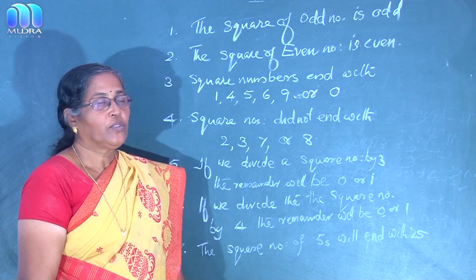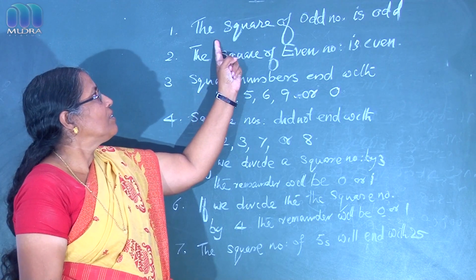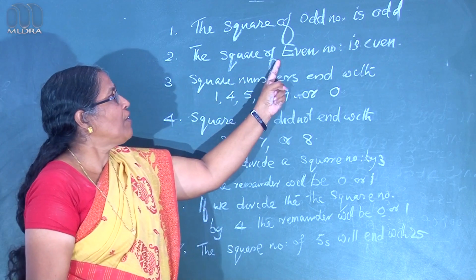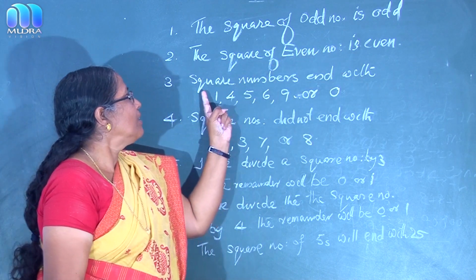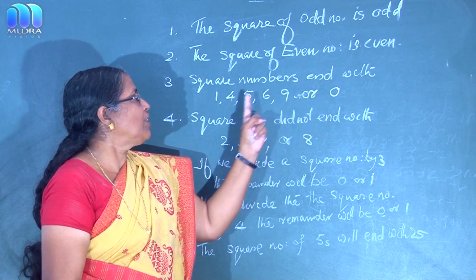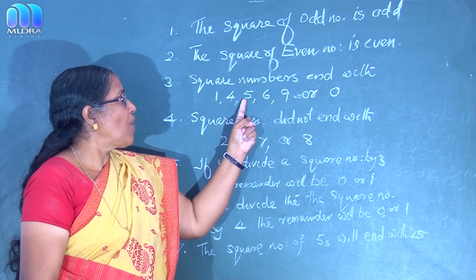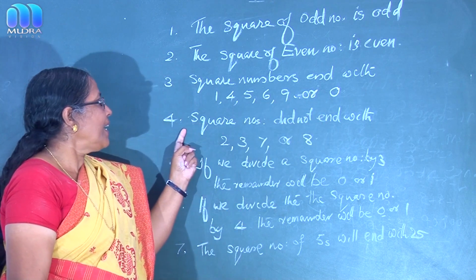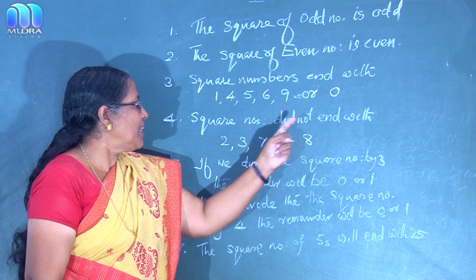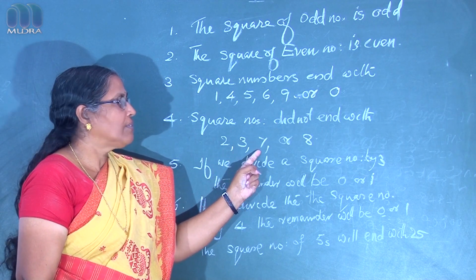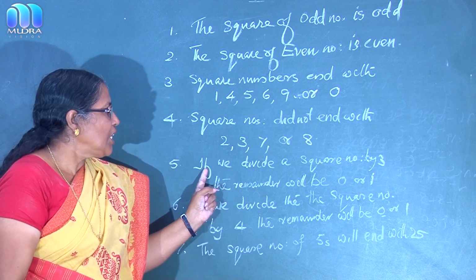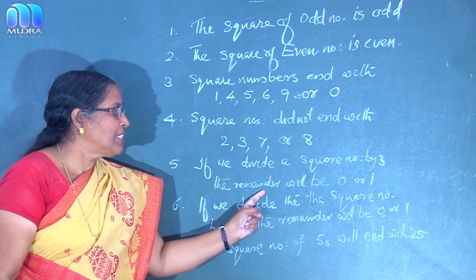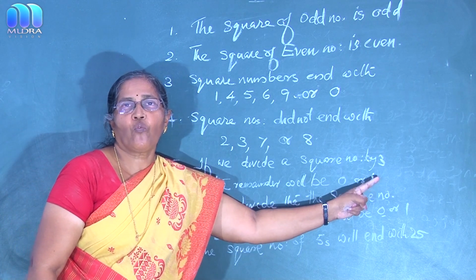Then look here. We can find that the squares of odd numbers are odd, the squares of even numbers are even, and square numbers end with 1, 4, 5, 6, 9 or 0. Square numbers do not end with 2, 3, 7 or 8. If we divide a square number by 3, we get the remainder 0 or 1.